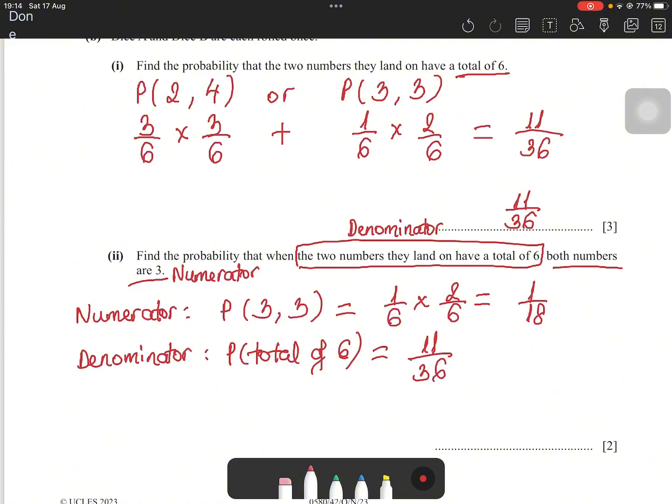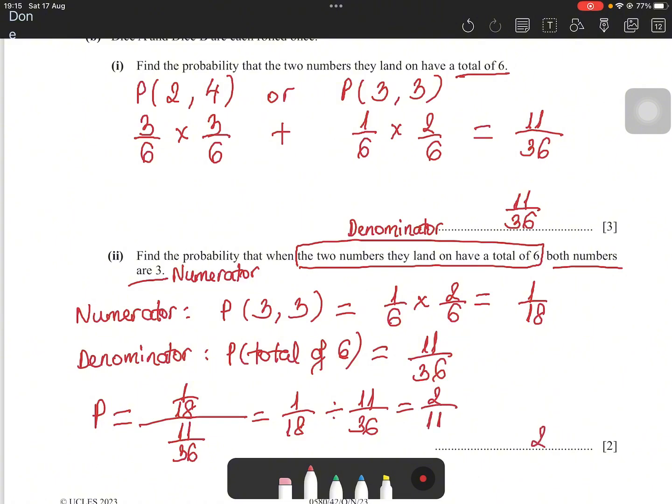So the probability of this is the numerator divided by the denominator. So this is 1 over 18 divided by 11 over 36. And the answer is 2 over 11.